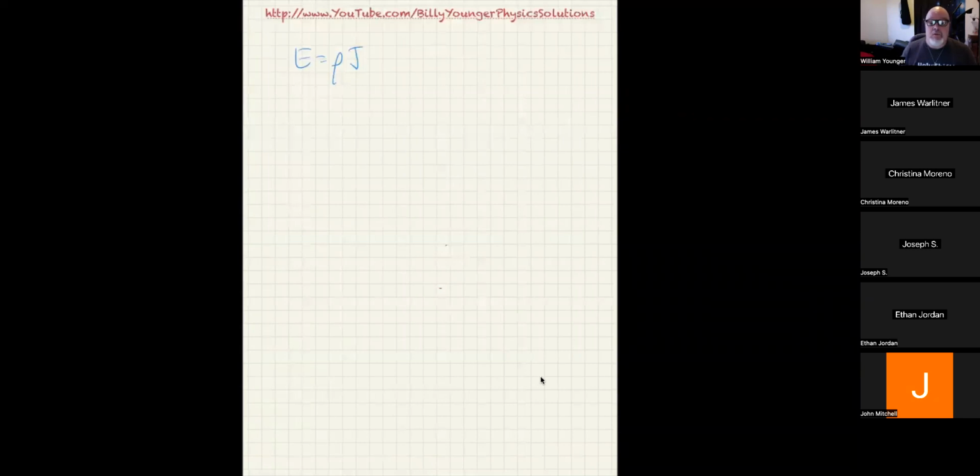Okay, so E equals rho J is the version of Ohm's law that I was hinting at. So you can say the electric field in the wire is 1.68 times 10 to the -8, because I think that's the resistivity of copper. By all means, correct me if I'm wrong.